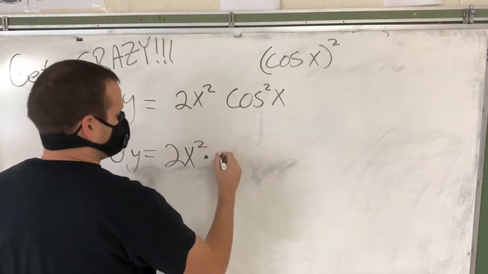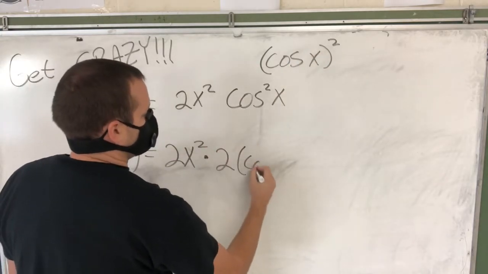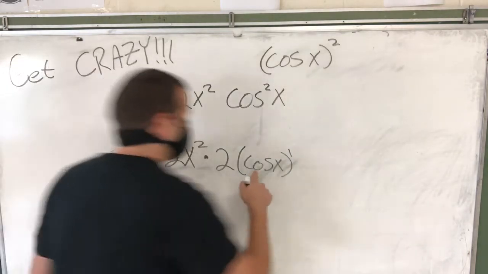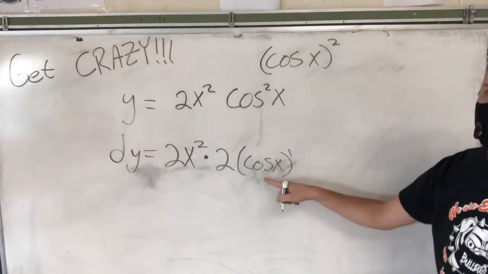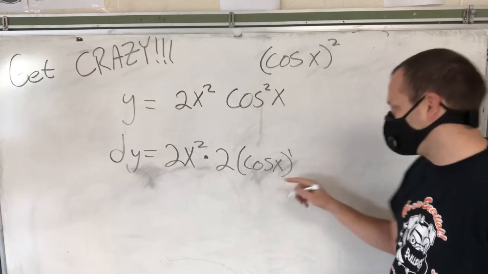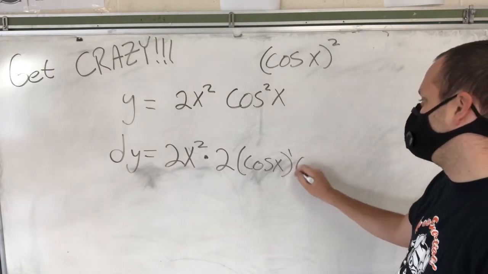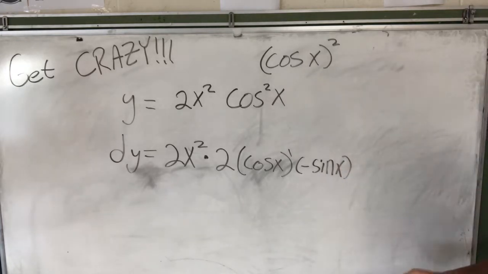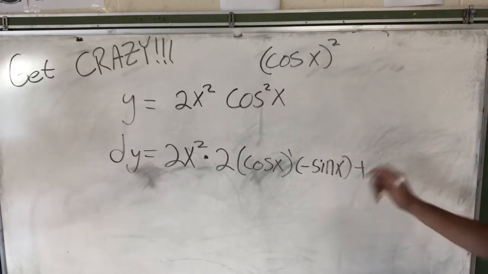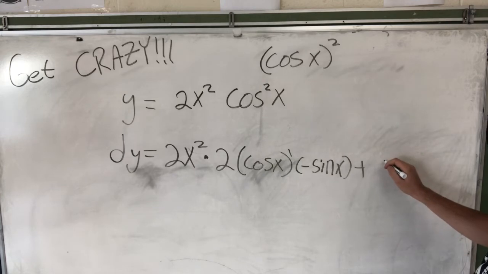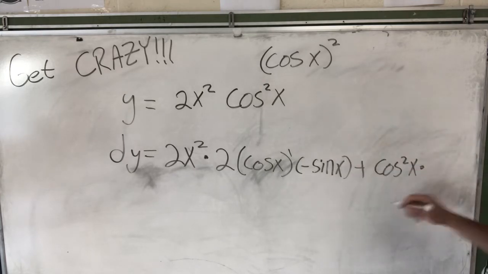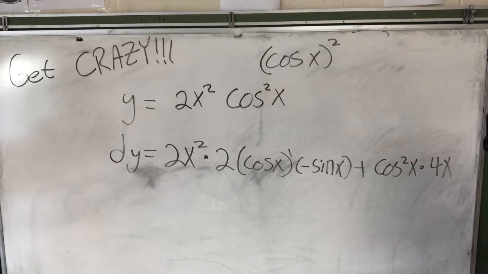So bring the 2 down. It's going to leave you cosine x to the first power. Now we have to times that by the derivative of whatever was inside. What's the derivative of cosine? It is negative sine x. Okay. Then we add the second. So cosine squared x times the derivative of the first, which is 4x.